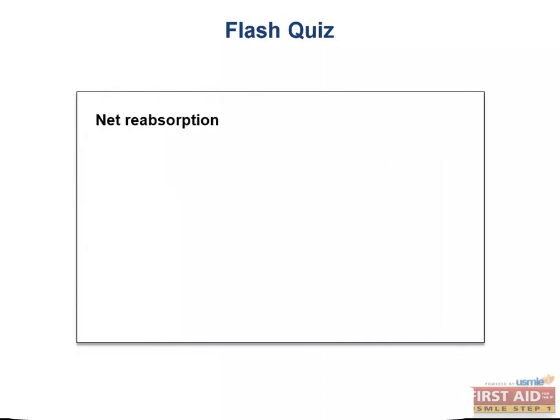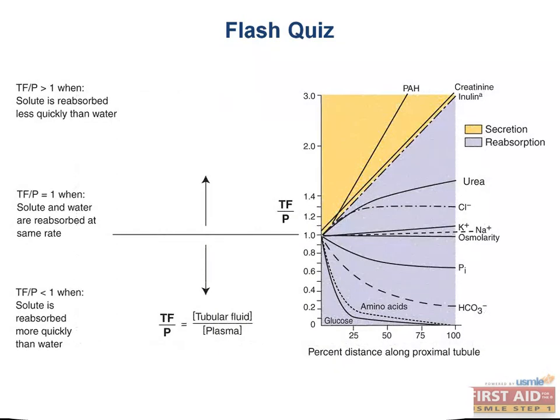Let's look back at our graph of relative concentrations along the proximal tubule. Notice that the TF to P ratio of sodium is very close to 1, and it's in the purple region, the reabsorption region. This means that the sodium concentration along the length of the proximal tubule remains constant. Remember, this is because water will move isoosmotically with sodium.